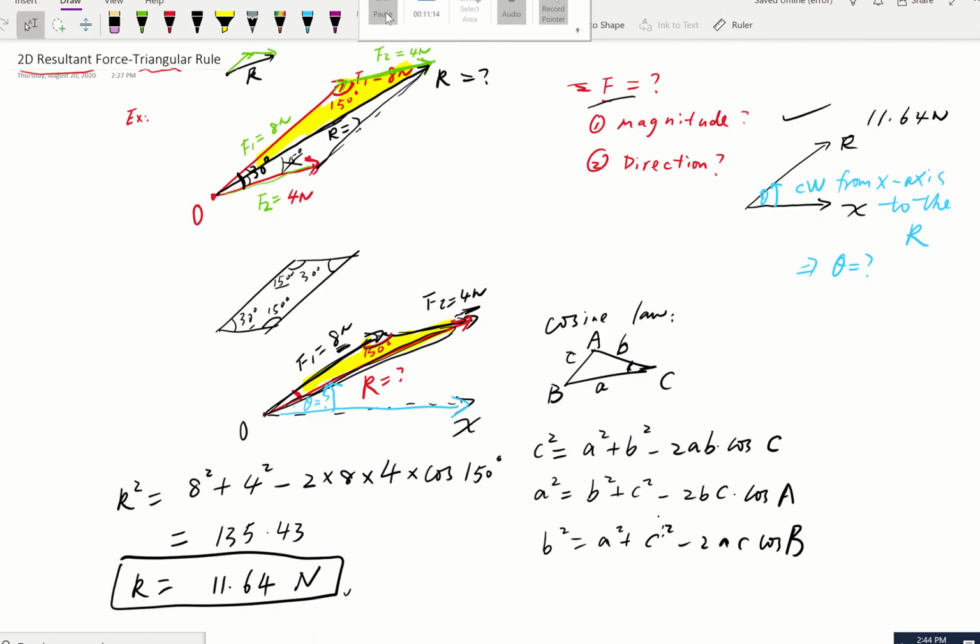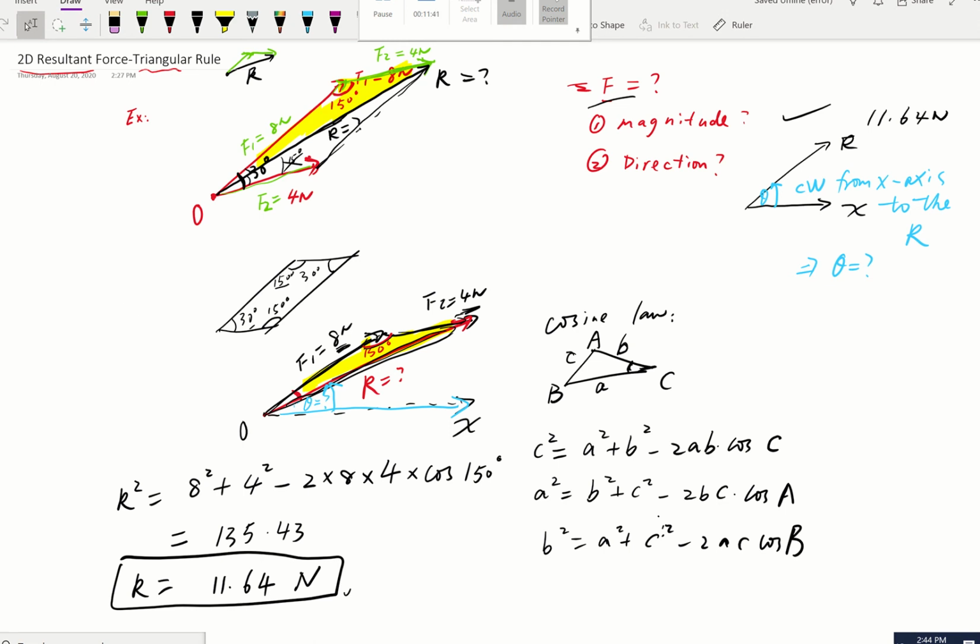In order to find that direction, based on all the information given, we cannot solve it yet. Why? Because I'm giving you another unknown. We gave 4 Newton and 8 Newton and the angle between them, but for 4 Newton and 8 Newton, we don't know their direction, so we have to define it. That's what's missing. Now, for example, I give you the complete information.